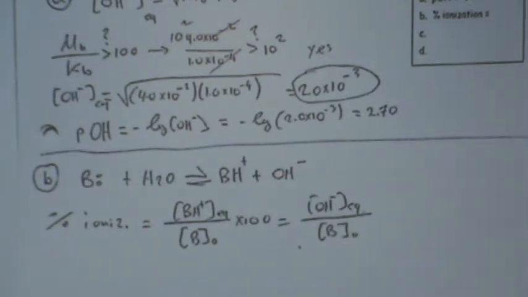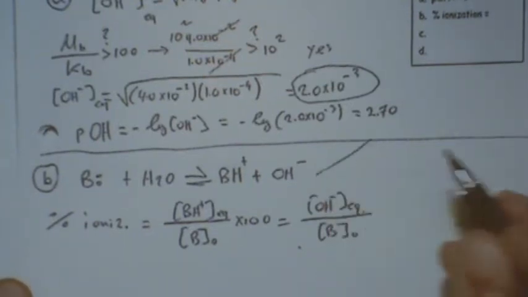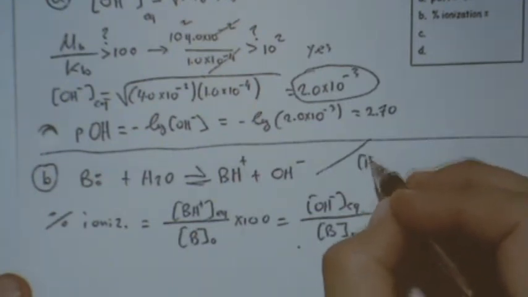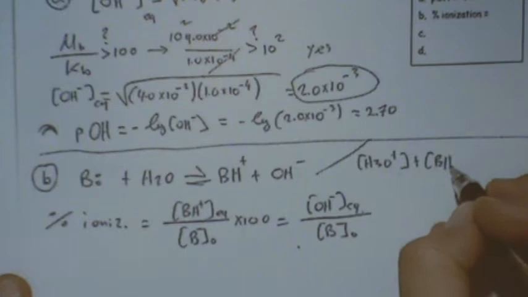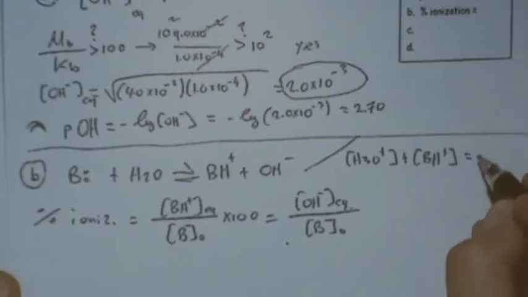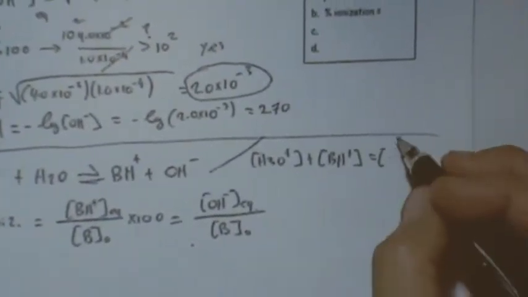Another way to see it is this. There is electron neutrality. So the concentration of the cations should be equal to the concentration of anions.